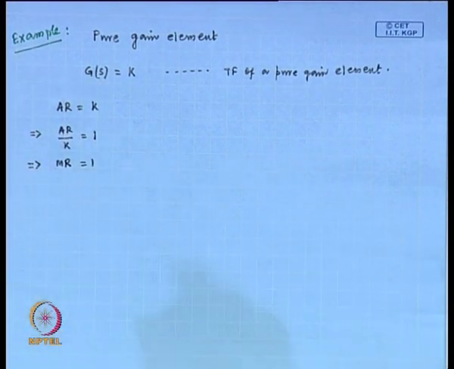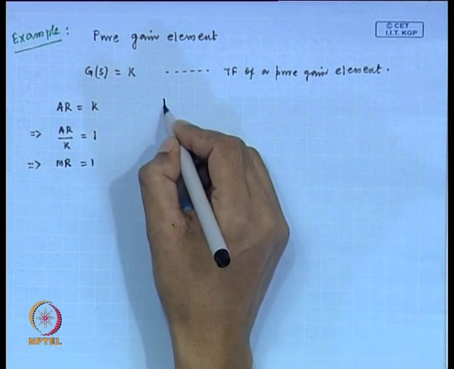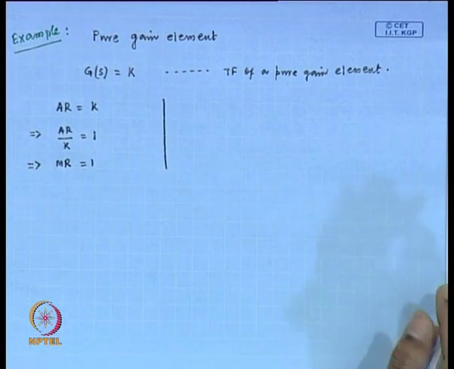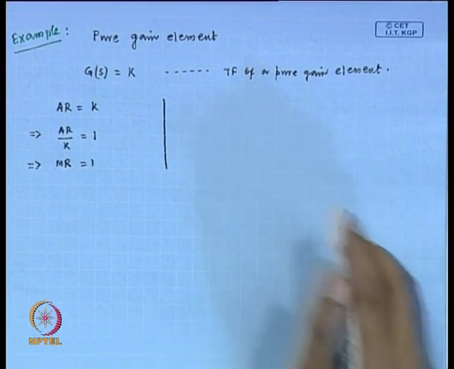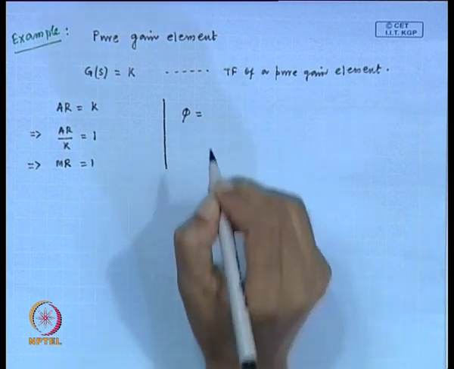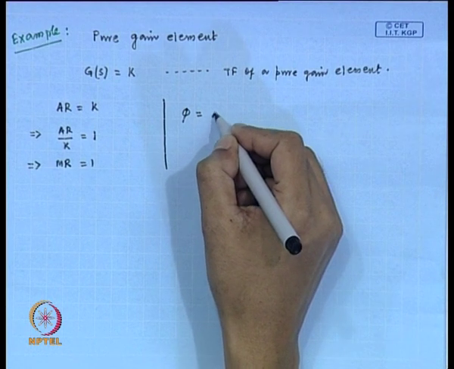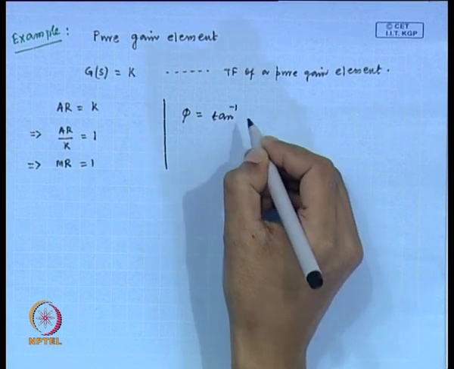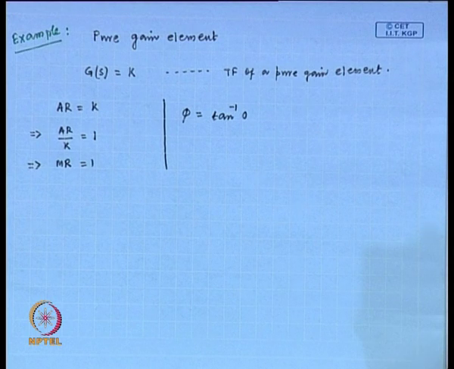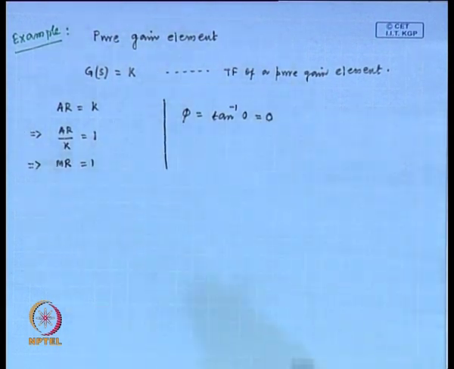That means magnitude ratio is equal to 1. Now, we will determine the expression for phase angle phi. Phase angle will be how much? Tan inverse 0, because imaginary part is 0 and real part is k. So, 0 by k, that is 0.